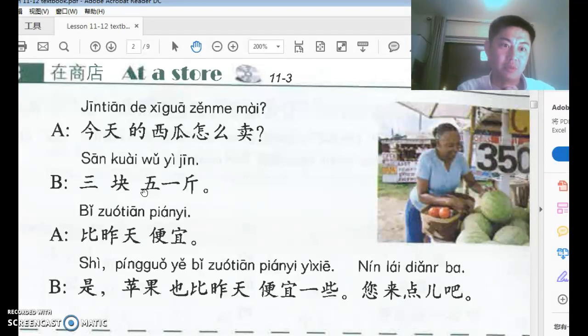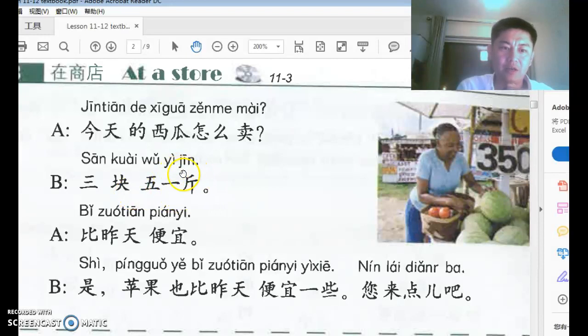In Chinese, we see 3.5. So 3块5 is 3.50. 一斤, 1 half kilogram. 斤 is the measure word for half kilogram. 公斤, we learned that word before. 公斤 is a kilogram. Do you remember the guy was 70 公斤, right?